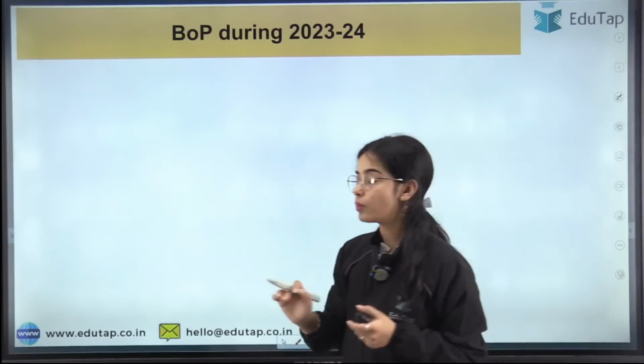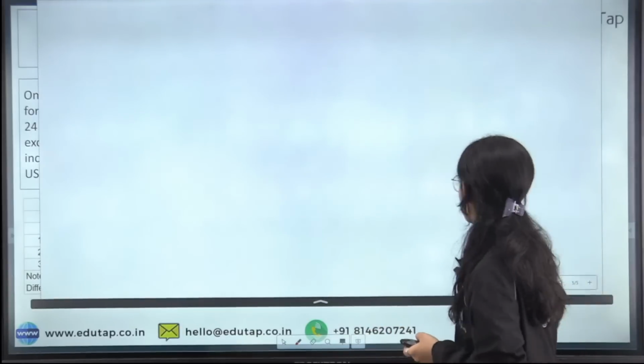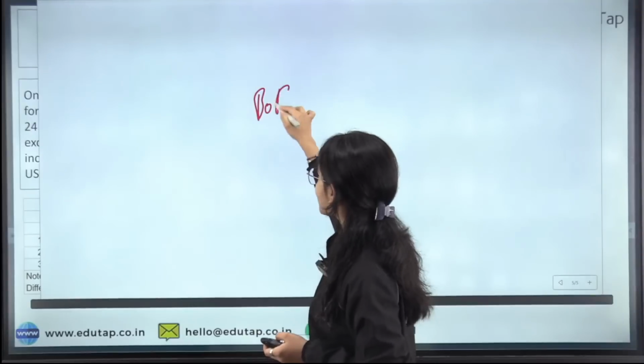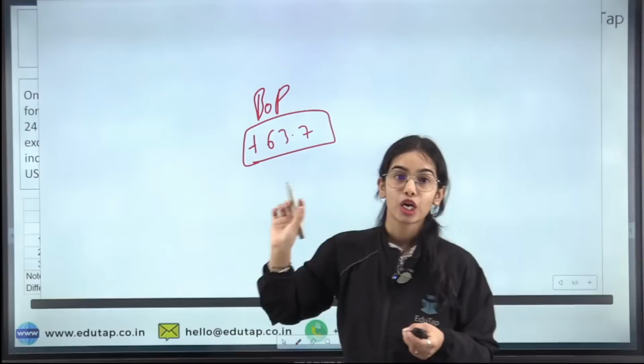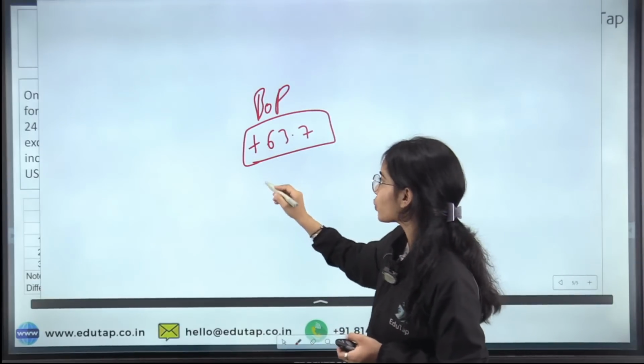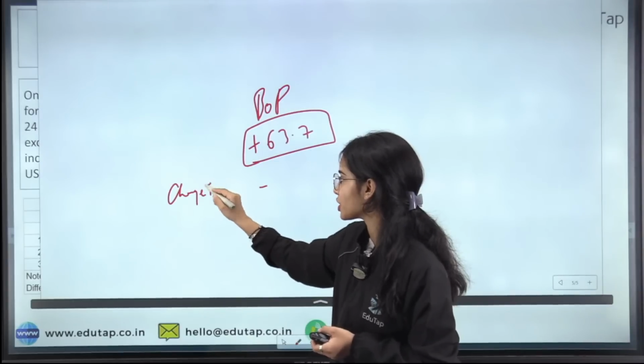Understood? Now, remember one thing also, that when we say that balance of payment has got a surplus of $63.7 billion, in the balance of payment accounts, we show it as negative, like when we show it in change in reserves.